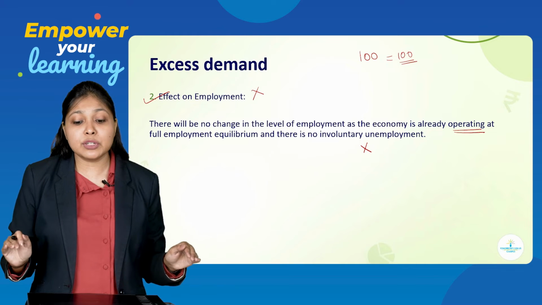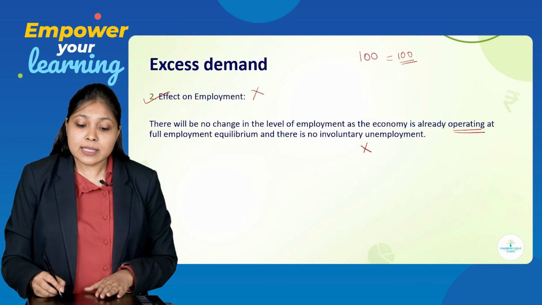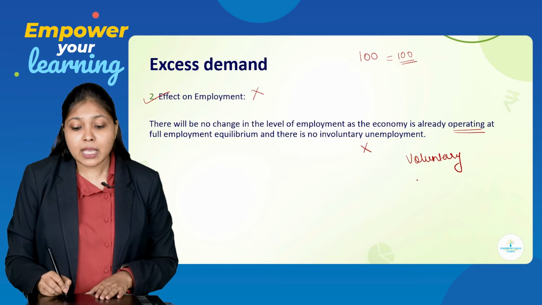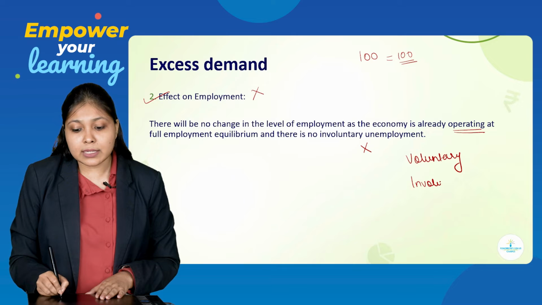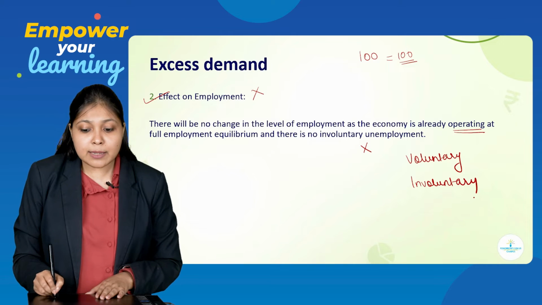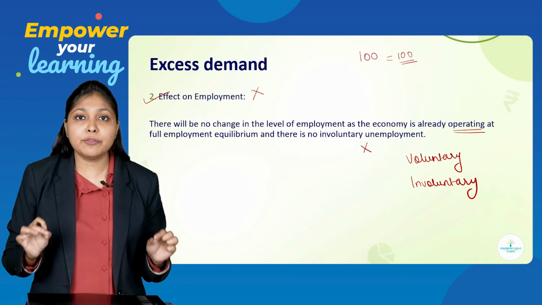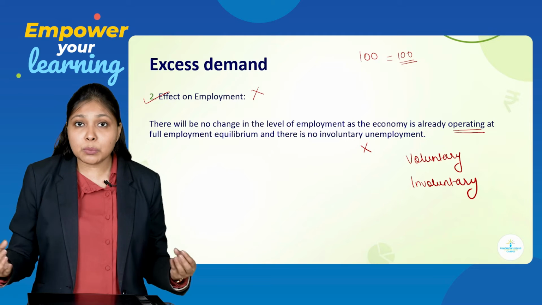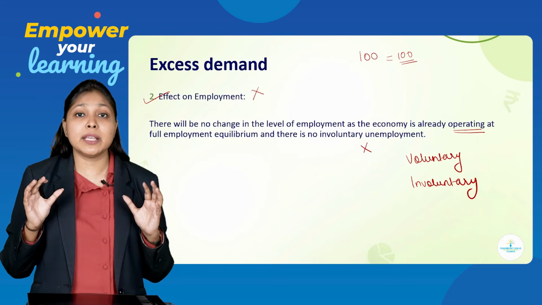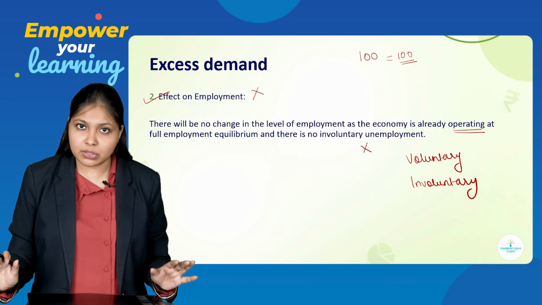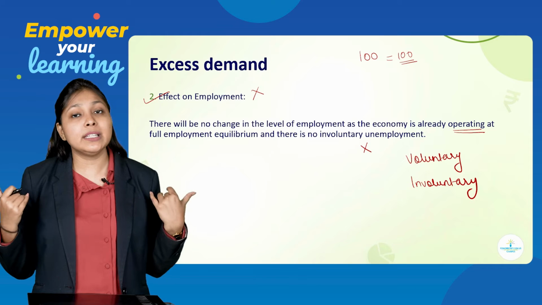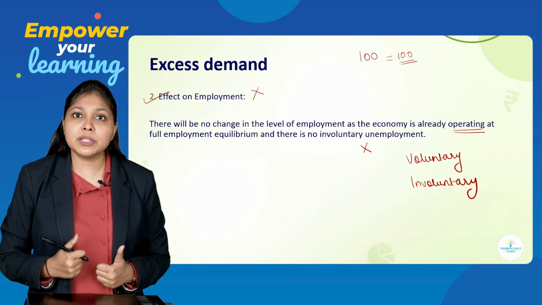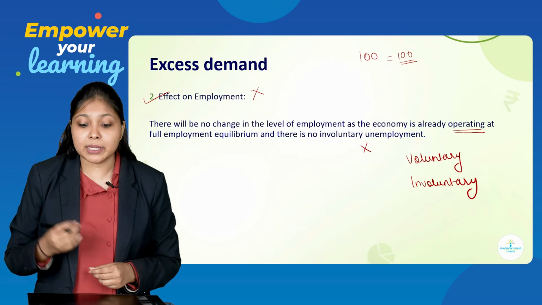No involuntary unemployment. What is involuntary? See, unemployment can be of two types: voluntary unemployment and involuntary unemployment. Voluntary unemployment means those cases where people are not working by their will and by their choice. They do not want to work. They are getting jobs, but they do not want to work. That kind of unemployment is called voluntary unemployment.